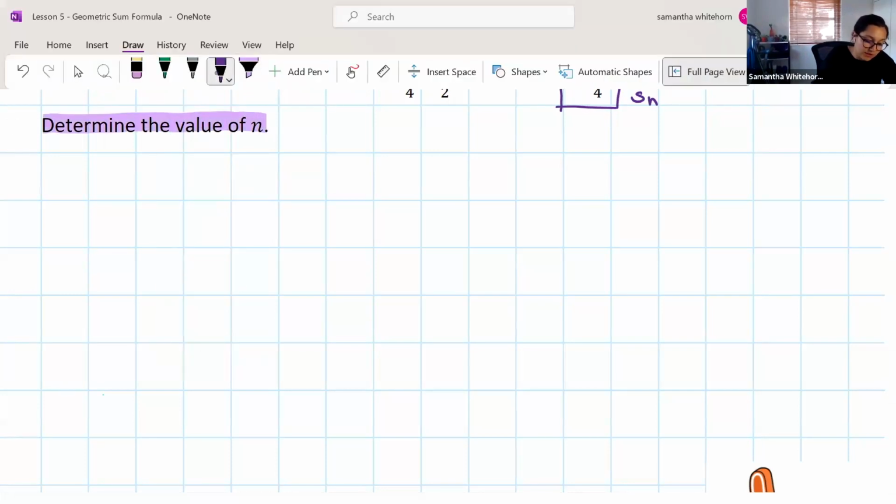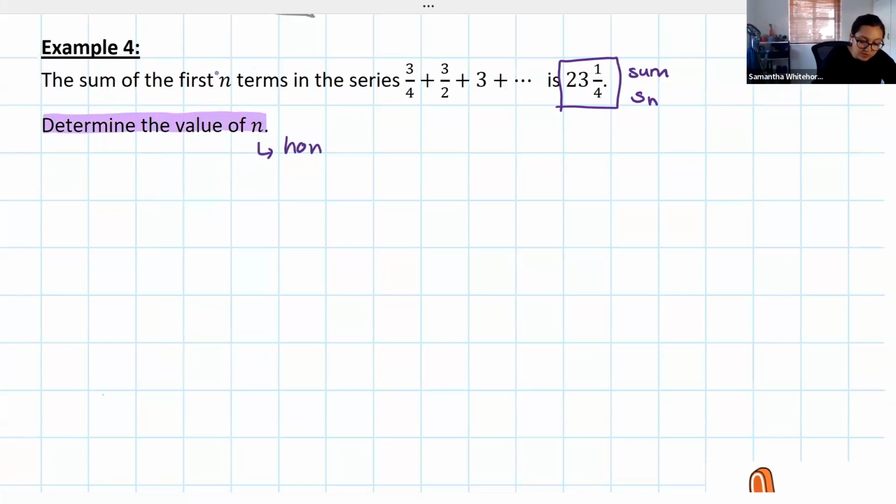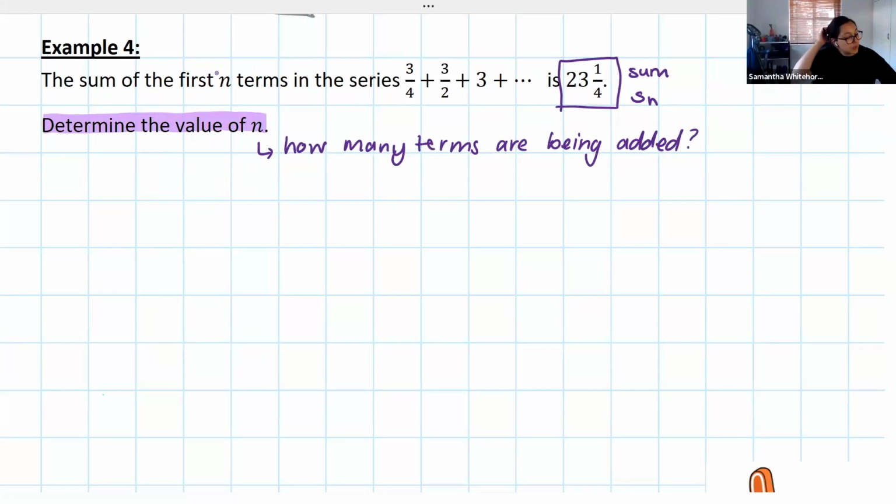So this question is asking us, how many terms are we adding? It's very similar to what we just spoke about, except that you have now been given the sum. In the last question, I didn't give you the sum, but I did give you the value of the last term. In this question, I told you the sum of the series. We just want to work out how many terms I'm adding together.